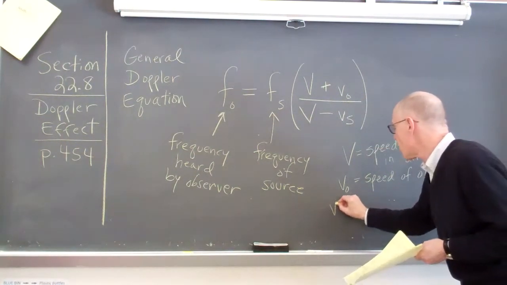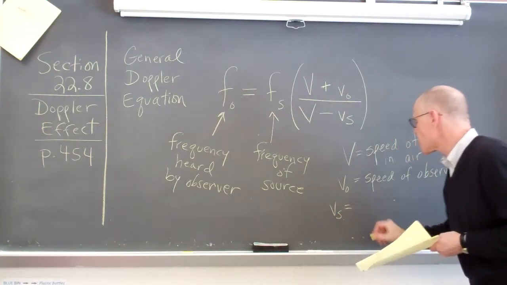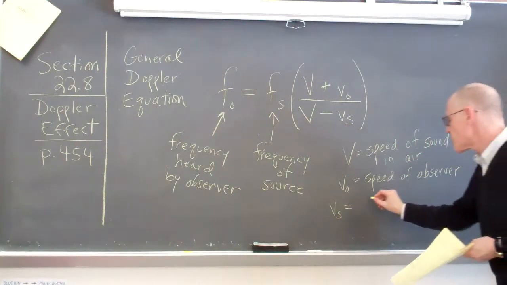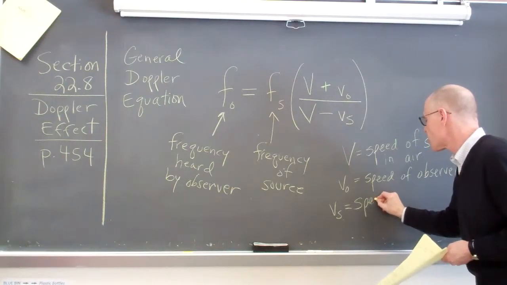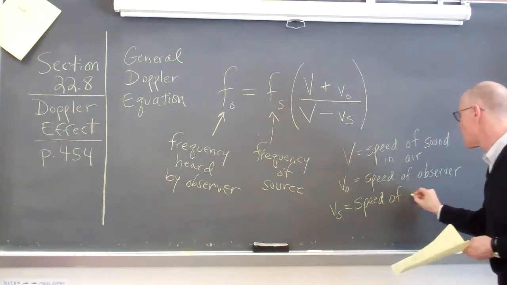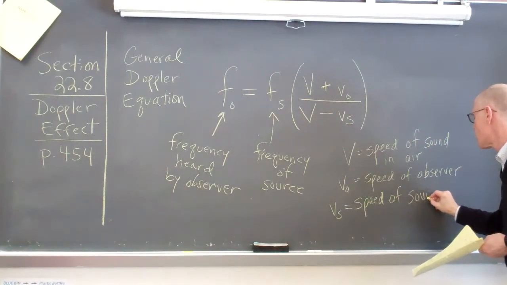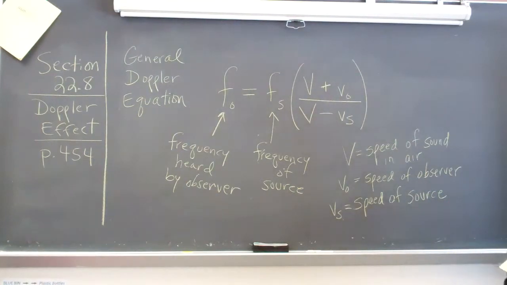And then v with a subscript s, again the lowercase v, is the speed of the source of sound. Again, you could be given a speed, or you could be told that the speed of the source is 0 and it's stationary.